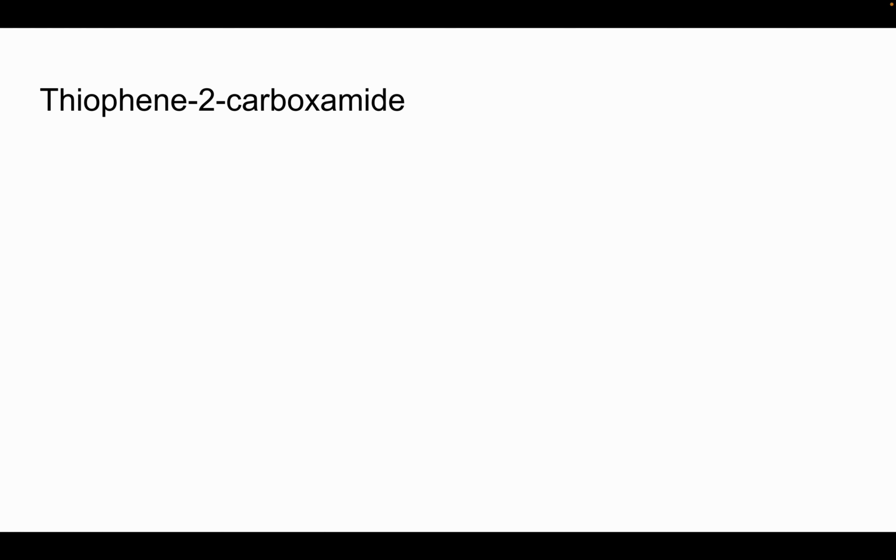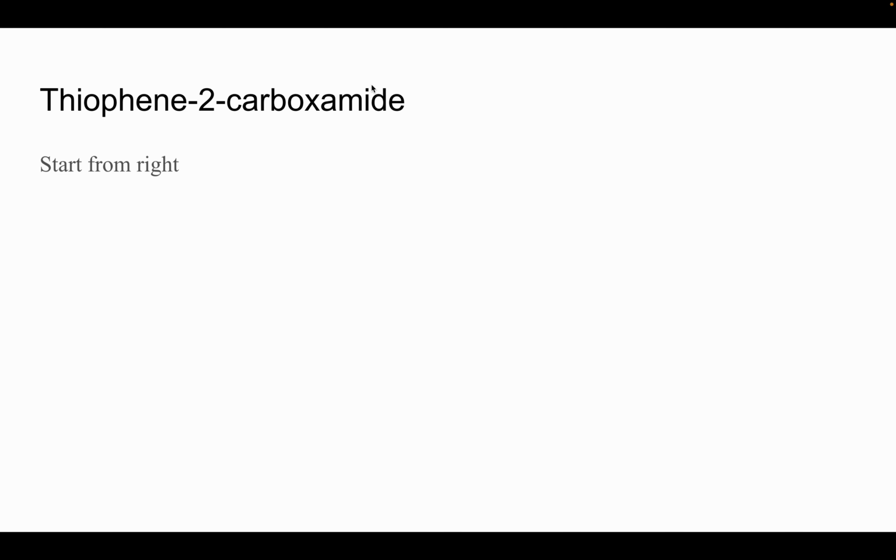Here I have taken the example of thiophene 2 carboxamide. For this you will need the previous table which you have seen. You must have noted it down, so you can refer to the table or remember it. You go step by step.